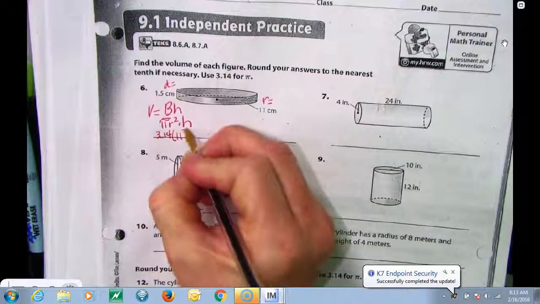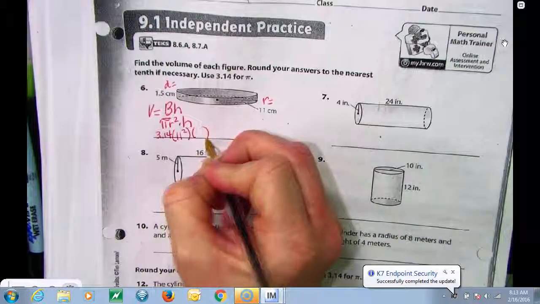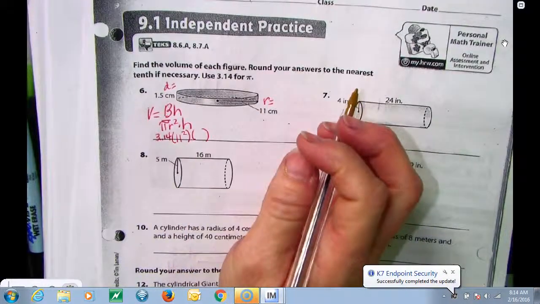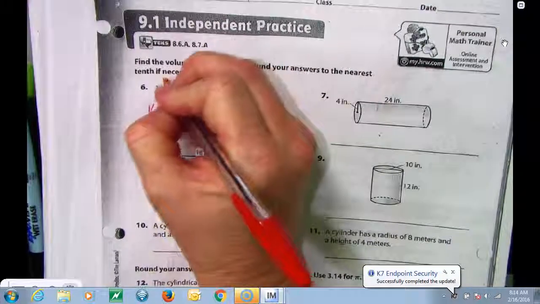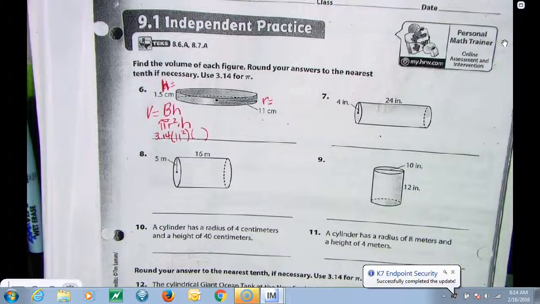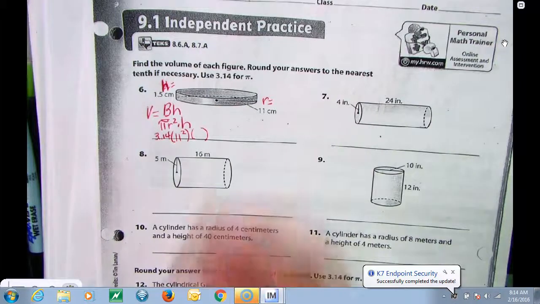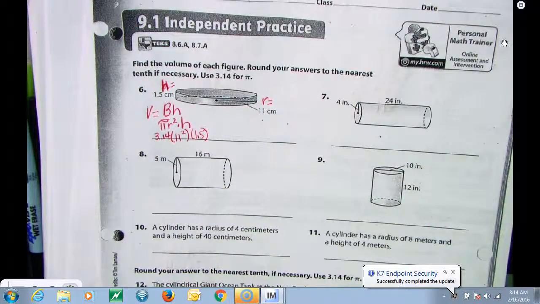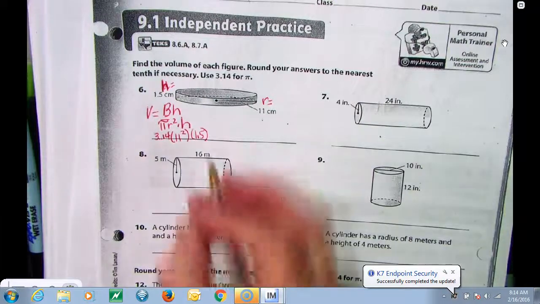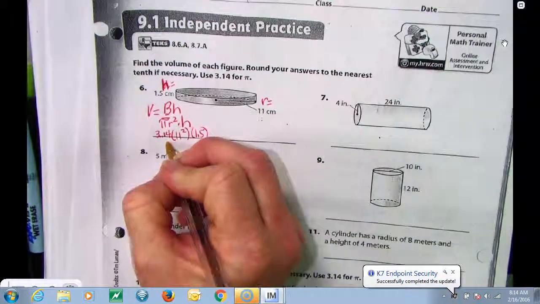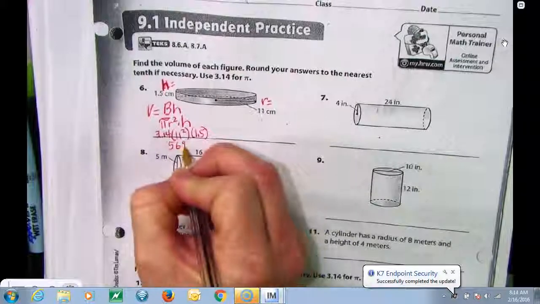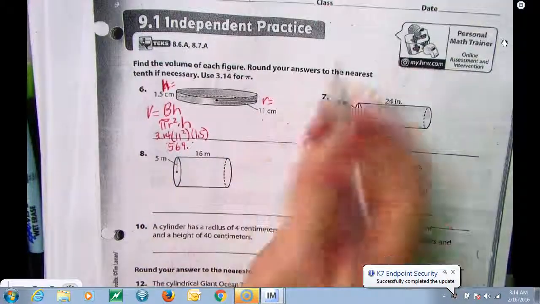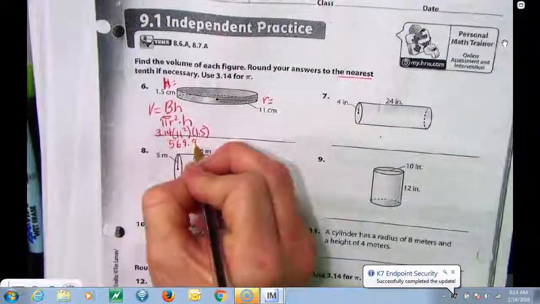So I'm going to go 11 squared times, I accidentally wrote D instead of H. So the height is 1.5, huh? Yeah, and it's nearest tenth.